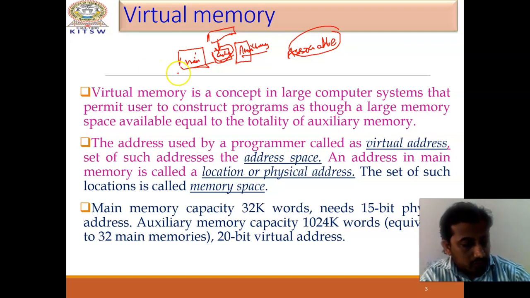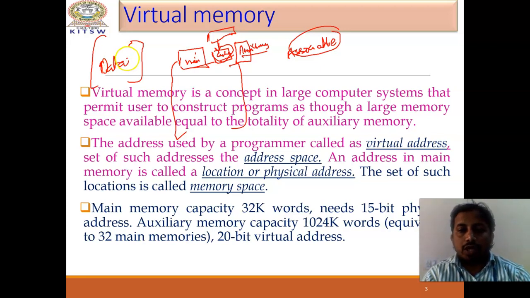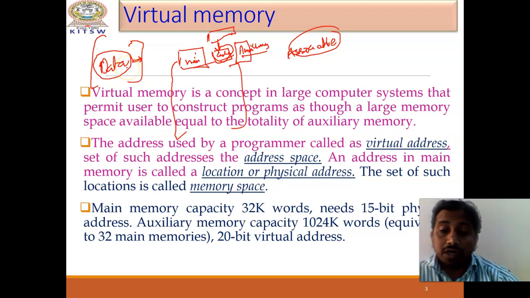In the main memory, you would have a set of data. The address in the main memory is represented by a physical address. That means the address is physically available.